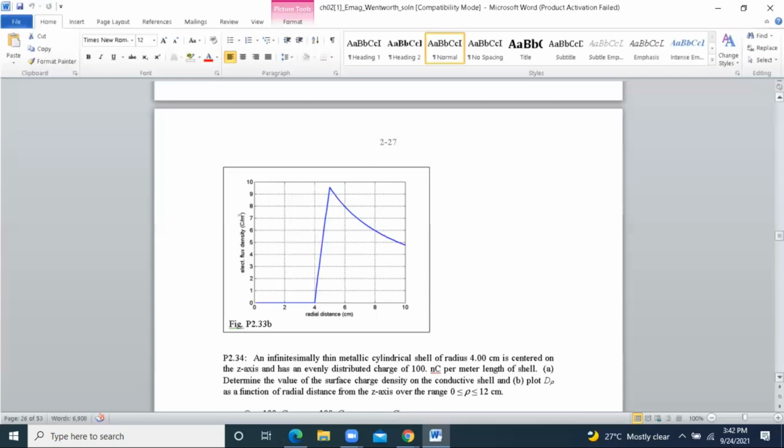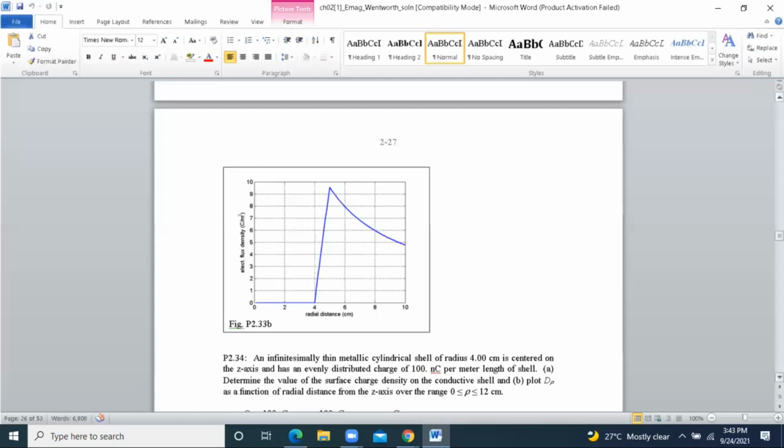So if I was going to try to use Q equals 2 pi r times L, but 2 pi r what?